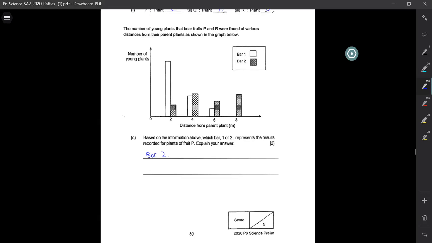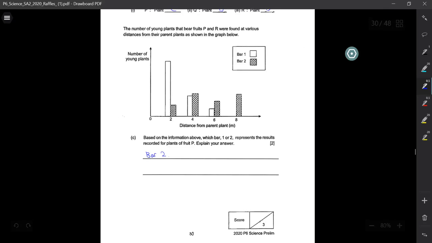And this would make a lot of sense as fruit P has juicy flesh, so it's dispersed by animals as we've discussed before. And then all the animals that eat it will move differently and they'll go from place to place. And then the indigestible seeds that they pass will then be spread out randomly. So bar 2, as it shows, is more varied, so it'll make more sense that way, right?